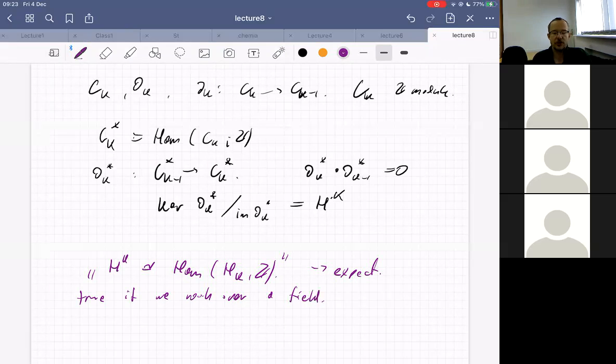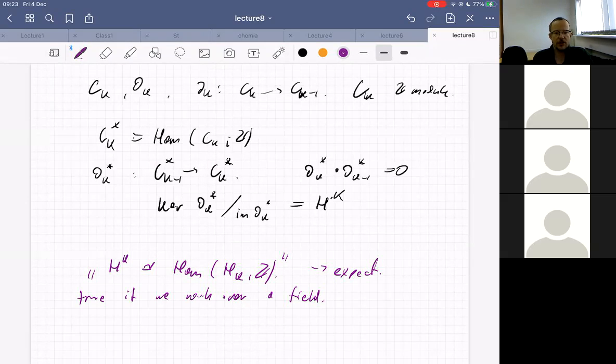But in general, it's not true, because the deepest explanation is that the Hom functor is not exact, it's only left exact.